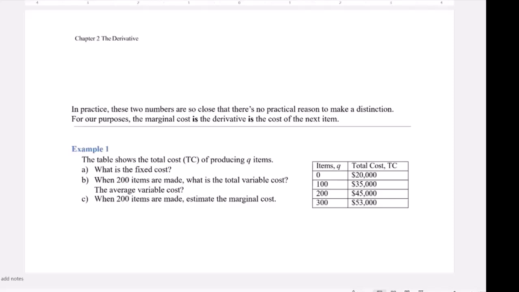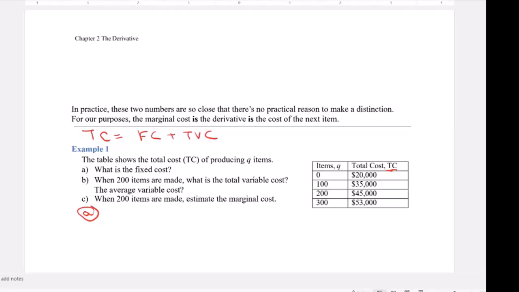Okay, so we're going to do this problem right here. Basically, for example 1, the table shows the total cost. What does the total cost include? The total cost is equal to the fixed cost plus the total variable cost. So for example, A, what is the fixed cost?